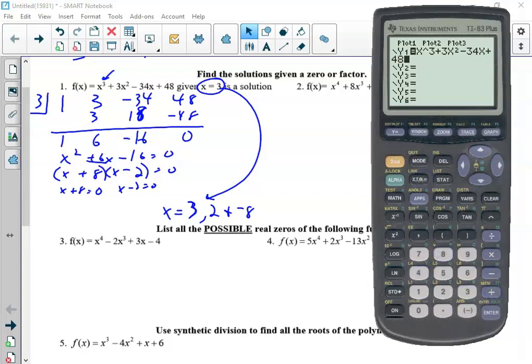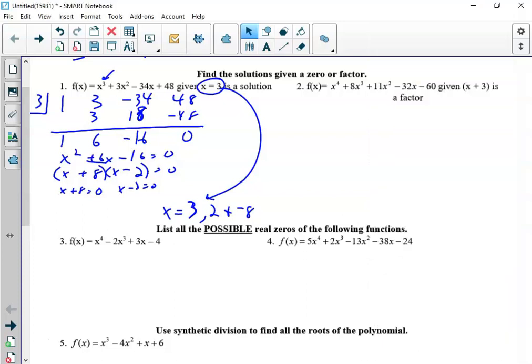There is no reason you cannot look on here and confirm the zeros. There's 3, there's 2, and there's negative 8. You've got the tool there, why not use it? Nothing else to check your answer.